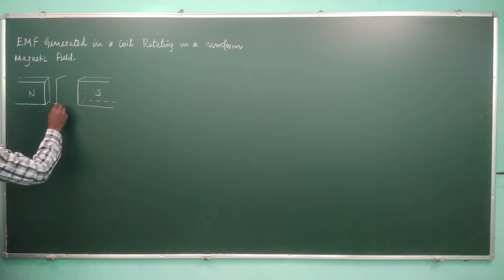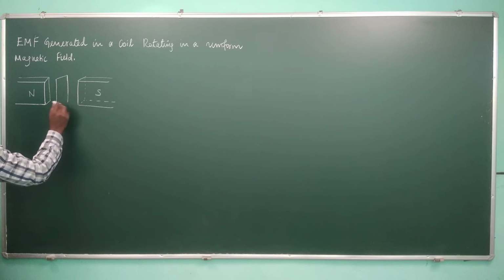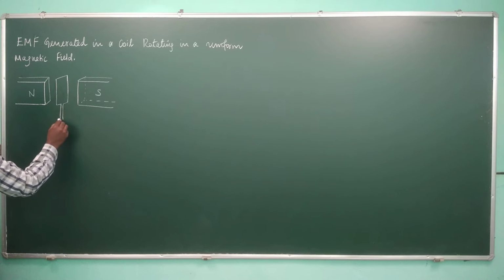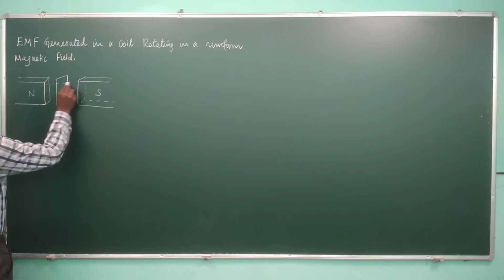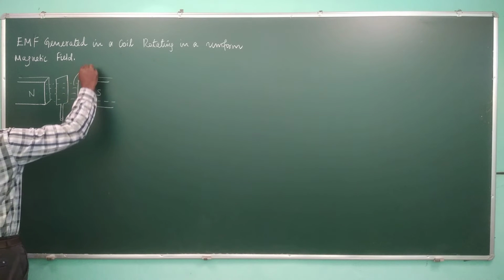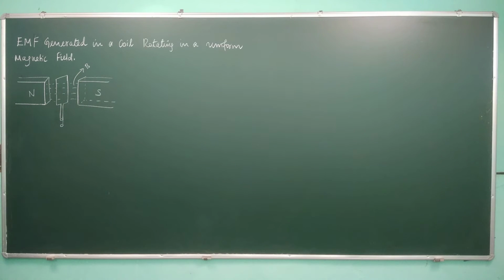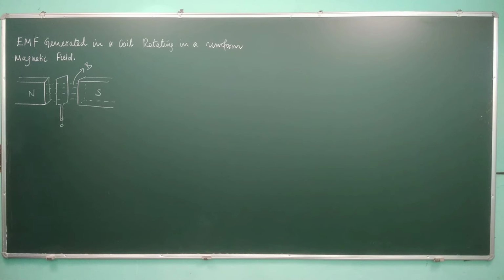It is not carrying current. The rectangular coil is placed within the magnetic field. Let us denote the magnetic field, or magnetic induction, as B.